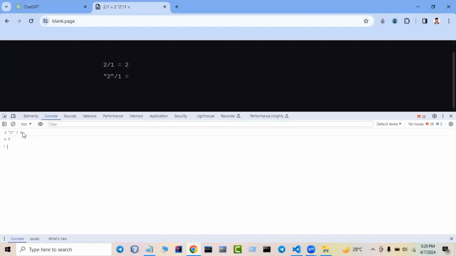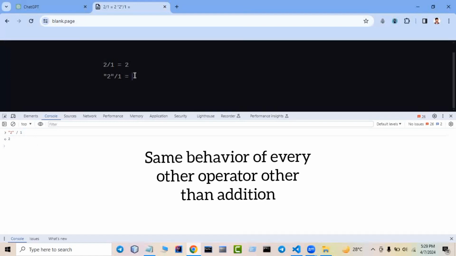So let me tell you what JavaScript does. As soon as JavaScript reaches this line, it sees that there are 2 operands, and in between them the programmer has used the divide operator. It watches its operands and encounters that one of them is a string and one of them is a number.